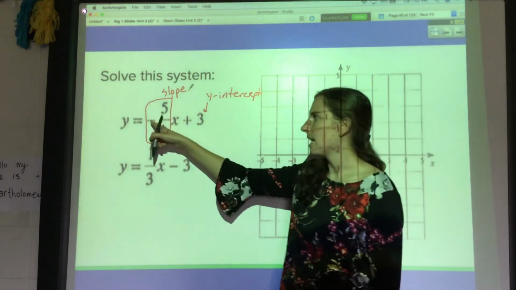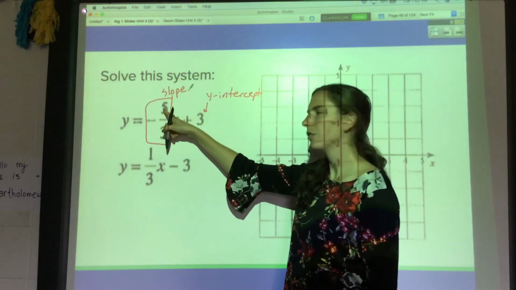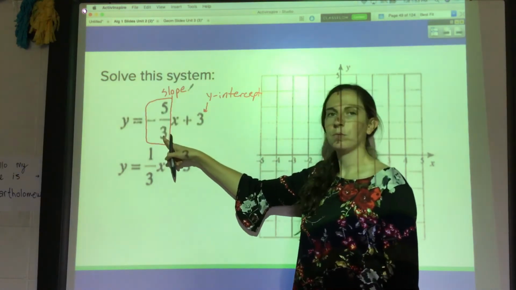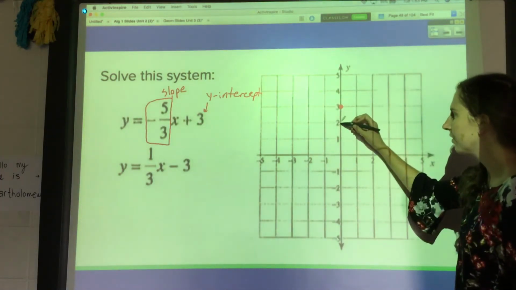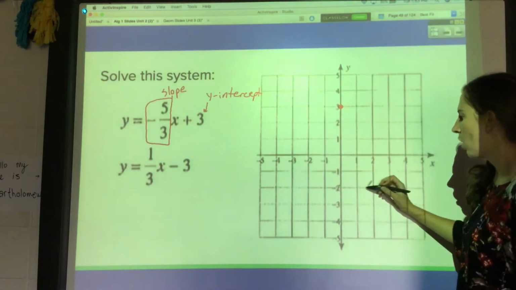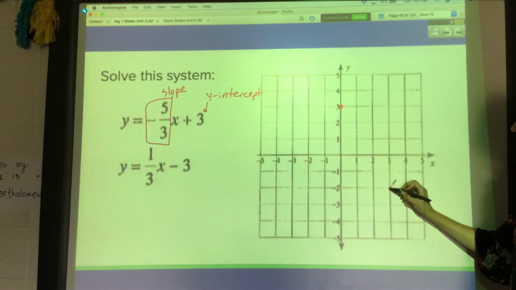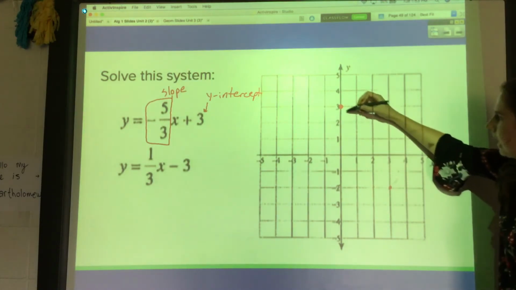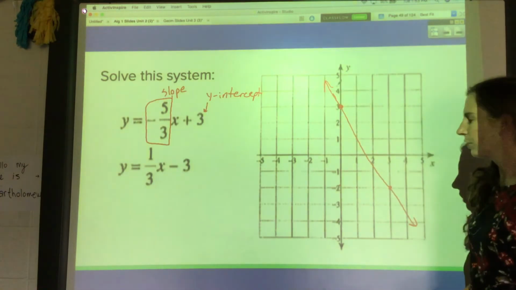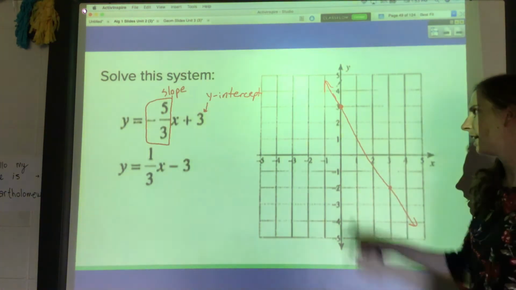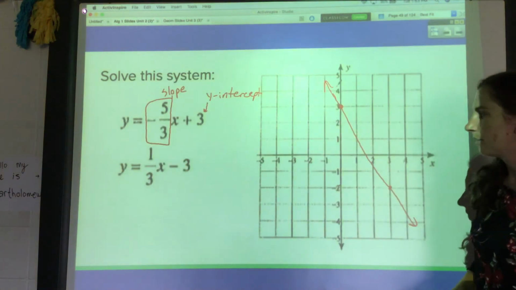In this case, it's -5, so we're going to go down 5 over 3. So go down 5, -1, 2, 3, 4, 5, over 1, 2, 3, in the positive 3 direction. And that forms a line. Feel free to use a ruler or a straight edge of some kind. My line was a little rough there.